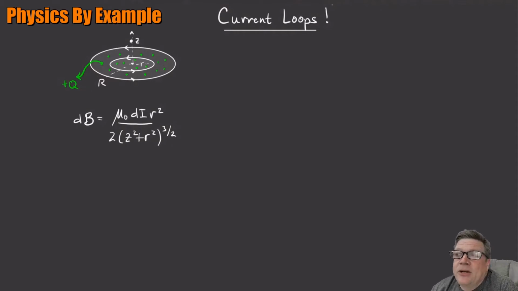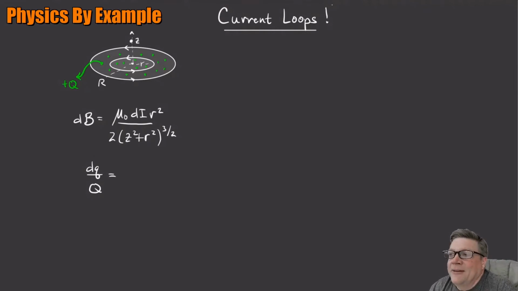A little bit of current is going to be related to the amount of charge that's in that little ring. We've already done this part: a little bit of charge in the ring compared to the charge in the whole disk. And we said that's like the thickness of the ring, I'm sorry, the area of the ring compared to the area of the disk.